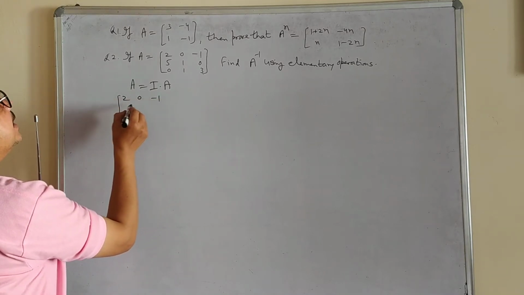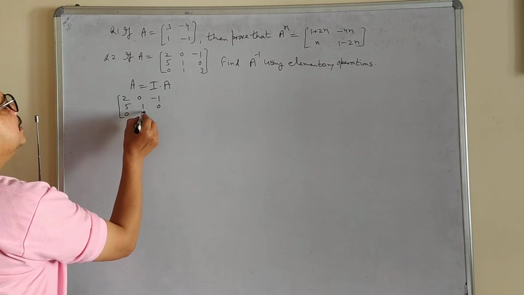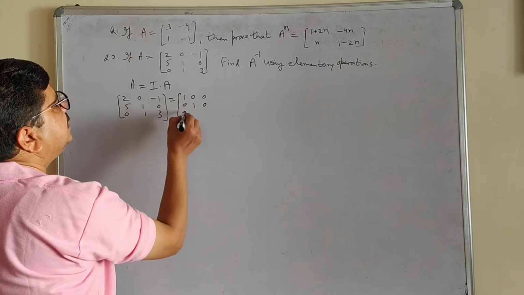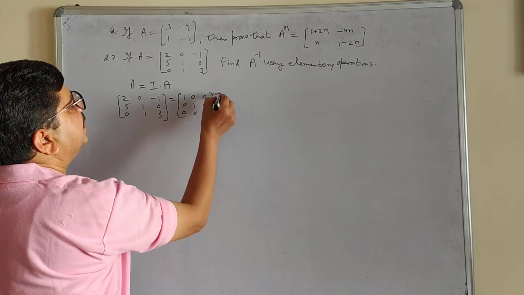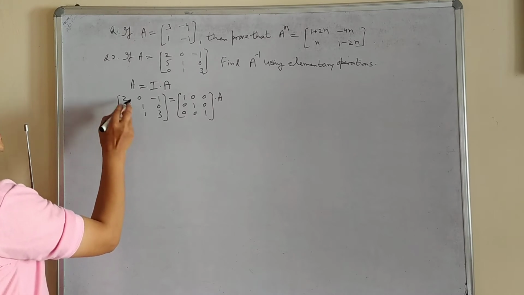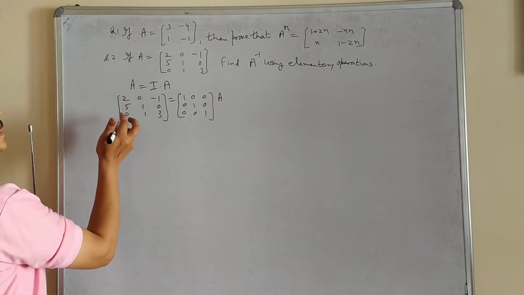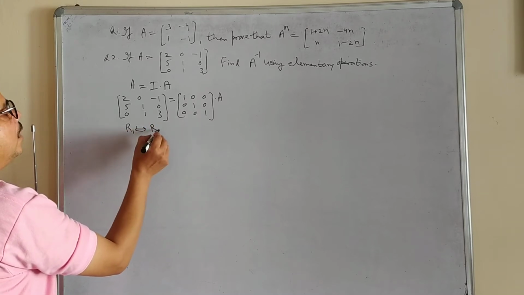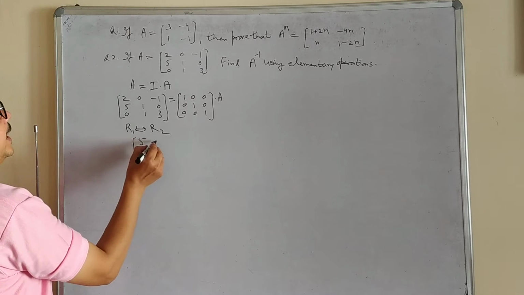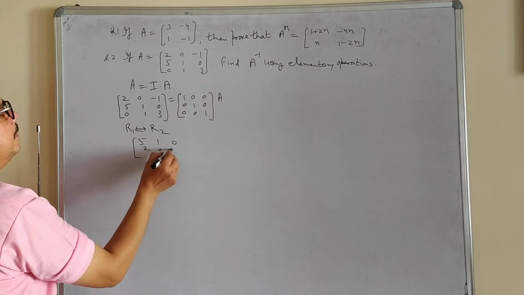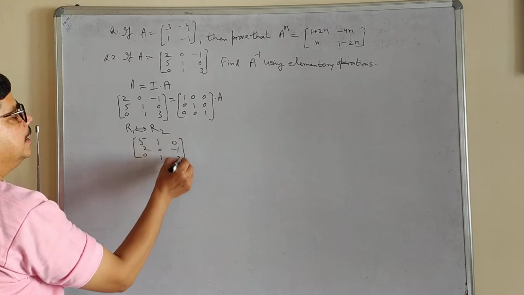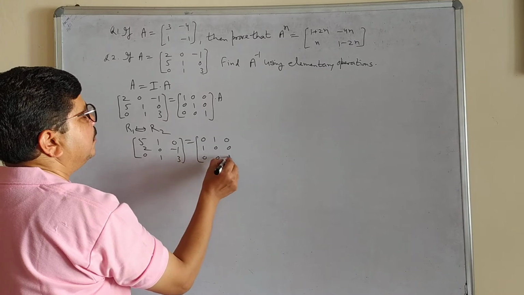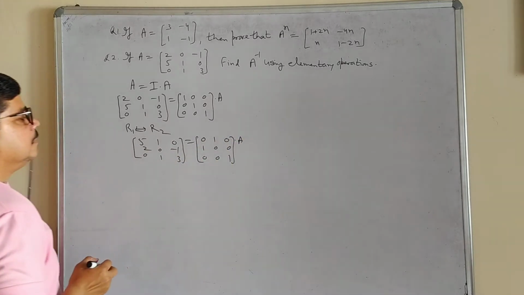2 0 minus 1, 5 1 0, 0 1 3 equal to 1 0 0, 0 1 0, 0 0 1 into A. Look, what we have to do: here we need to bring 1, then these two should be 0. You know the process. So what I do, I interchange rows R1 and R2. 5 1 0, 2 0 minus 1 and 0 1 3, the same transformation on the other side, 0 1 0, 1 0 0, 0 0 1 into A. Now this is 5.